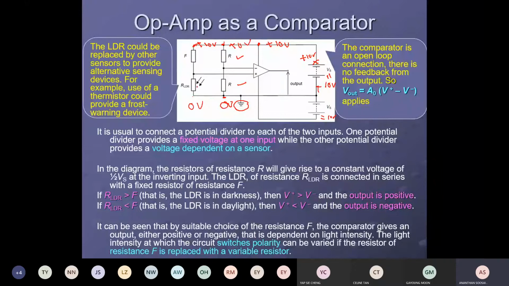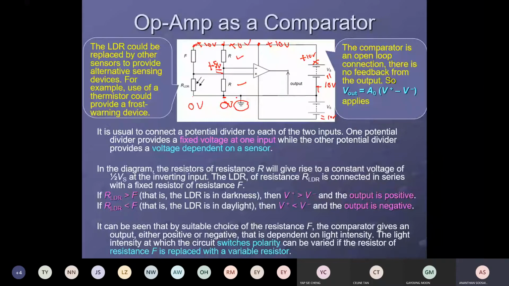Now the question is, this is a potential divider, with R up and R down. What will the voltage at this point be? Positive 10 becomes 0 after crossing R and R. So after crossing one R, the potential here will be positive 5 volt.